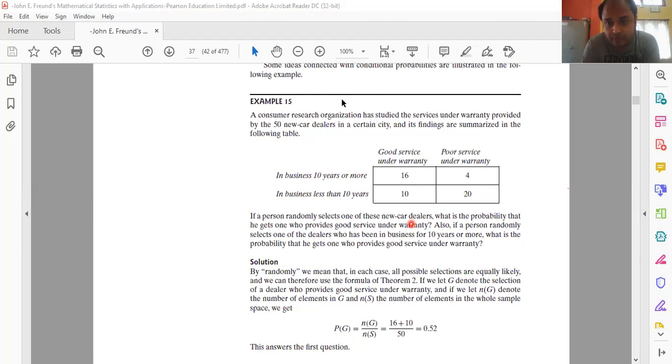So they have asked, if a person randomly selects one of the dealers who has been in business 10 years or more, okay, fine, so they are sticking to this particular column. If a person randomly selects one of the car dealers who has been in business for 10 years or more, what is the probability that he gets one who provides good service under warranty?